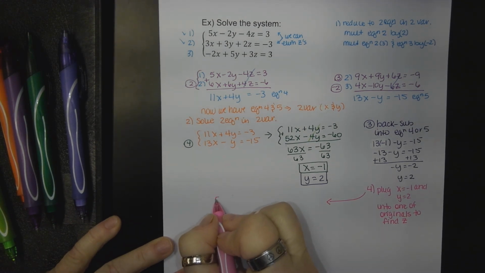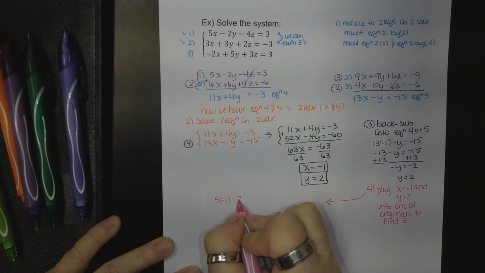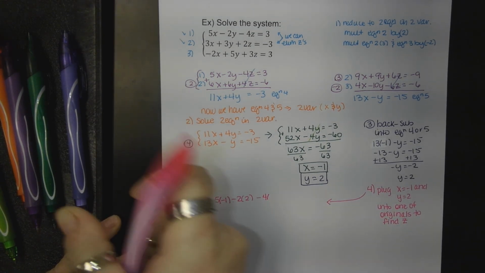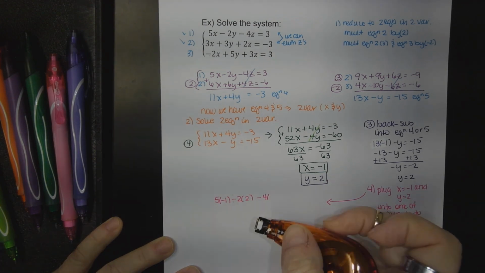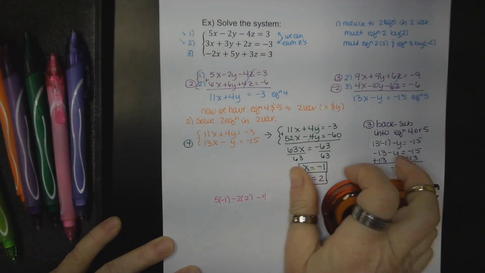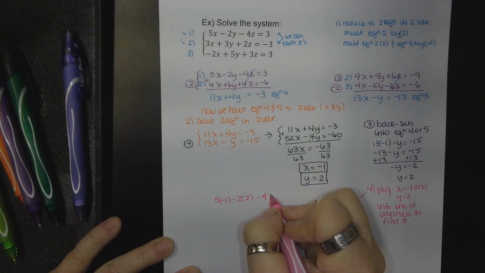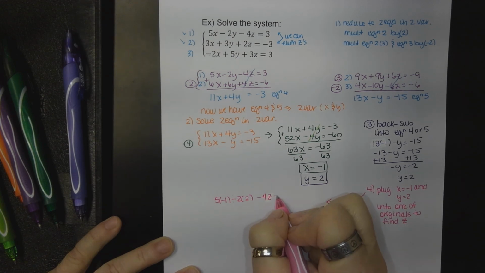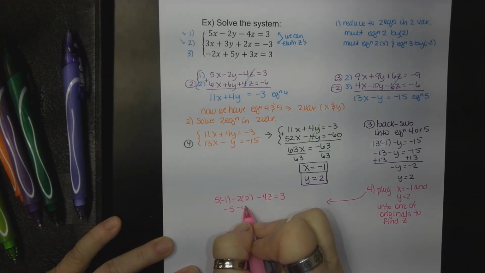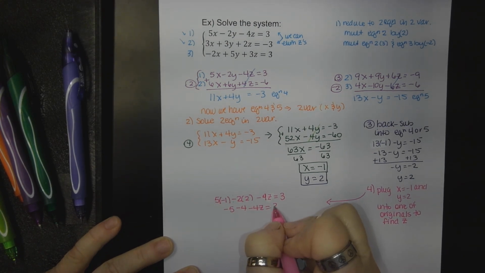So I took 5 times negative 1 minus 2 times 2 minus, I don't have to put z in parentheses, so I'm not going to. Sorry about that. Z doesn't need a parenthesis because he's still just z. So negative 5 minus 4 minus 4z equals 3.